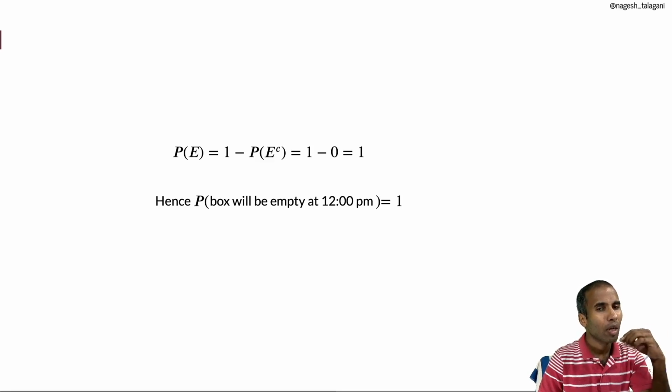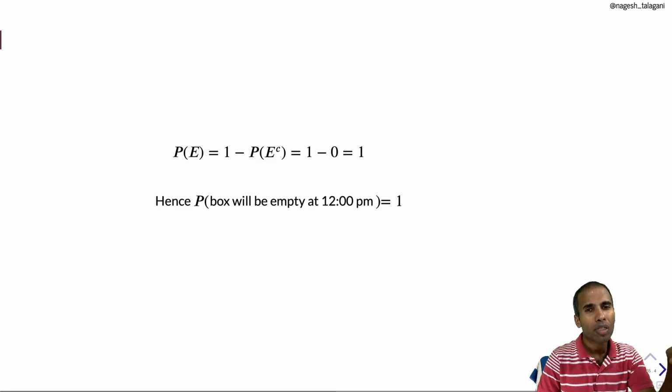The thing is, probability 1 of some event doesn't mean that it is a sure event. In the same way, probability 0 of some event doesn't mean that it is an impossible event. In this case, with probability 1 the box will be empty means almost all the time the box will be empty. The box being non-empty at 12 p.m. hardly happens. Okay, that's what it means.